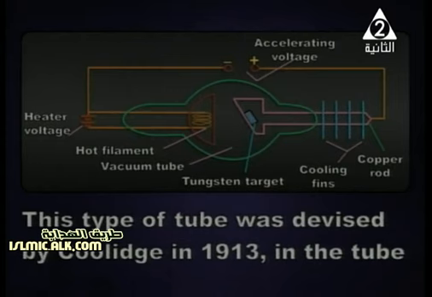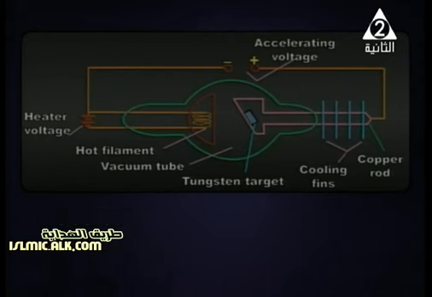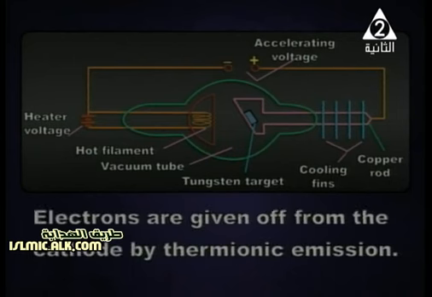What about the structure? In the tube, we've got a filament. Function of the filament when heated is to produce electrons. In the tube, electrons are given off from the cathode by thermionic emission.